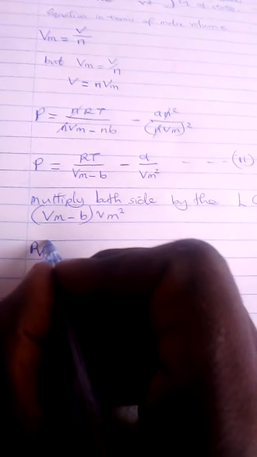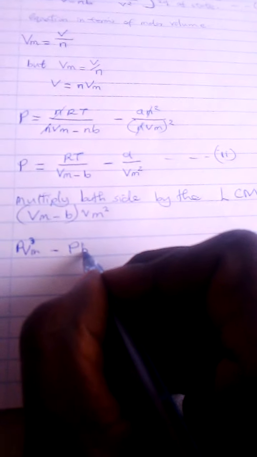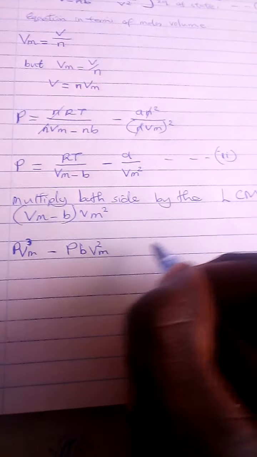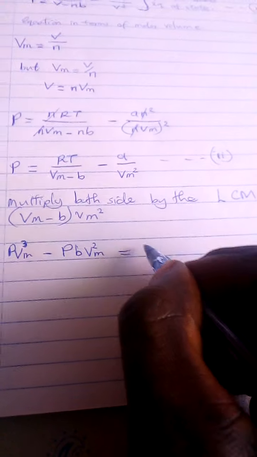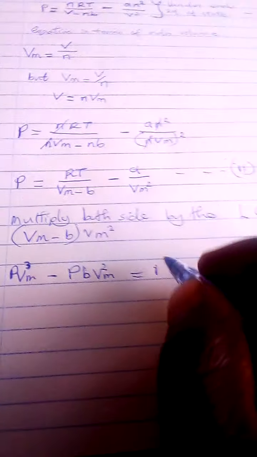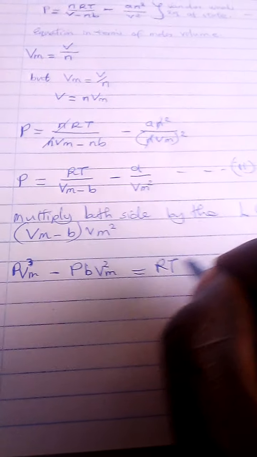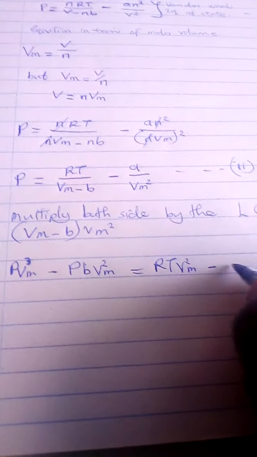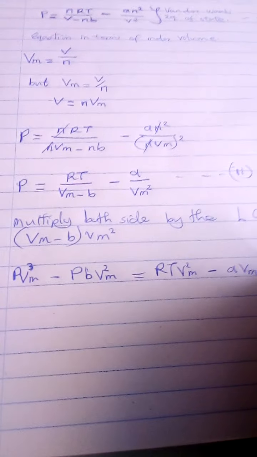After that, hope you are following, we multiply both sides by the LCM. If you multiply this side by the LCM, we get P Vm cubed minus P b Vm squared equals RT Vm squared minus a Vm plus ab.